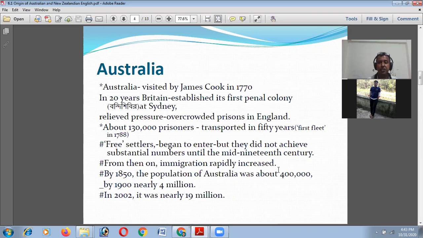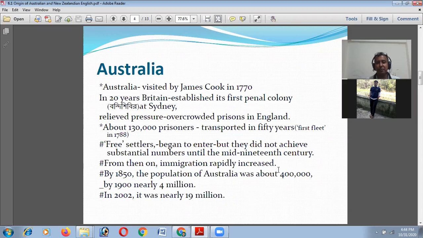So if we speak about the origin of Australian English, we have to take into consideration that many prisoners were shifted from Britain to Australia. There were many in number up to the 18th century. But after the mid-19th century, they were free settlers. They are not prisoners. Actually, the prisoners are the convicts. They are the criminals. They don't use the standard form of English.